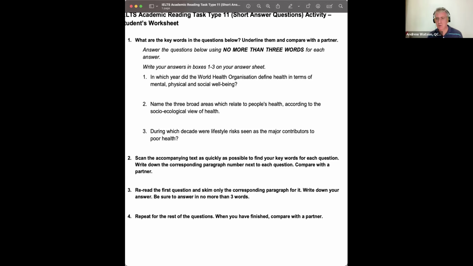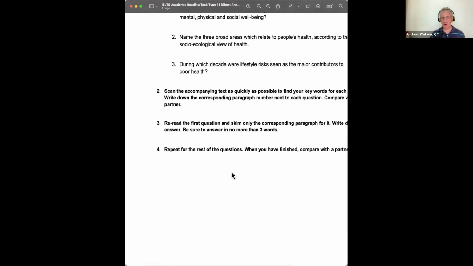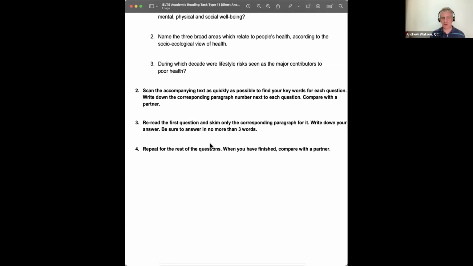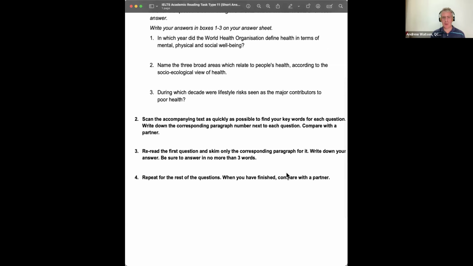Here it is. Coming to the chat now. And then it says, reread the first question and skim only the corresponding paragraph for it. Write down your answer. Be sure to answer in no more than 3 words. Repeat the same process for the rest of the questions. When you've finished, compare with a partner.